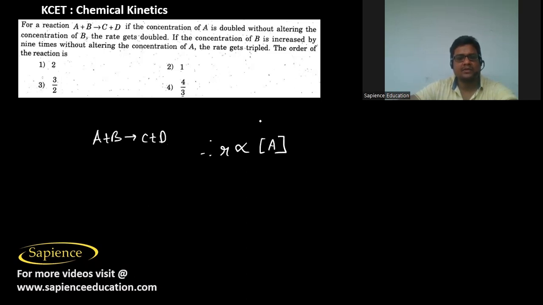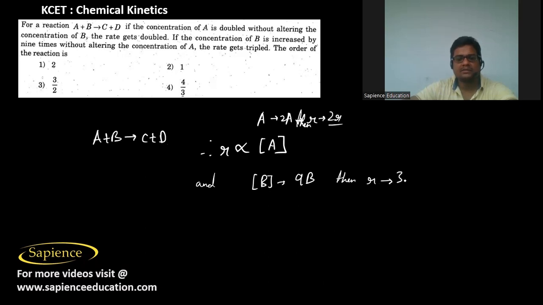Since if we double the concentration of A, then the rate also will get doubled. So rate is directly proportional to the concentration of A. And it is told that when the concentration of B is increased by 9 times, without altering the concentration of A, then the rate gets tripled.